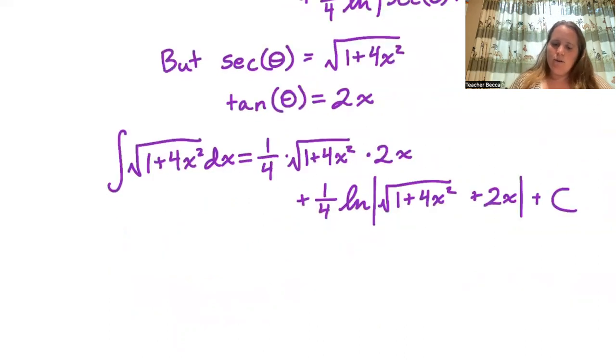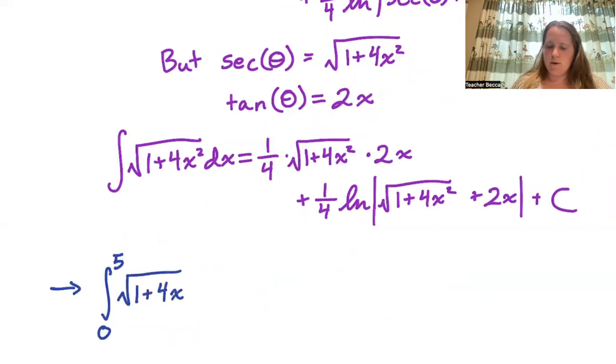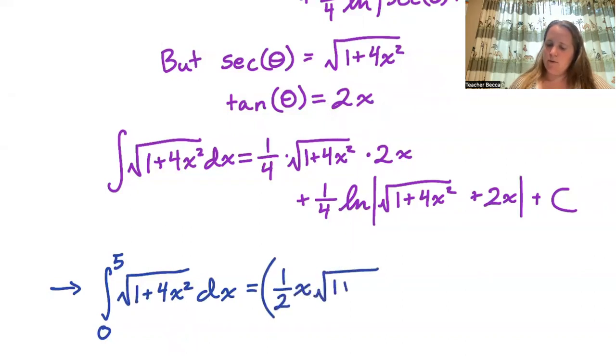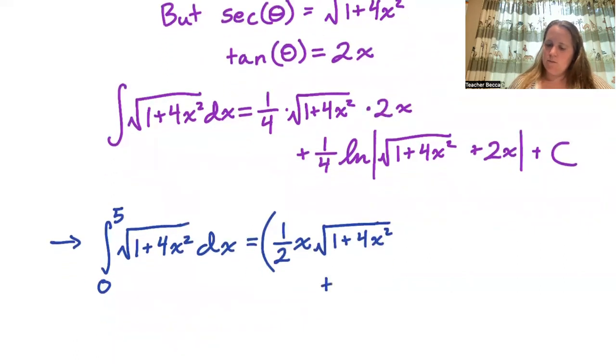So we have, therefore, that our definite integral from 0 to 5 of the square root of 1 plus 4x squared dx is equal to, we have 1/4 times 2x would be 1/2 times x times the square root of 1 plus 4x squared plus 1/4 times the natural log of the absolute value of the square root of 1 plus 4x squared plus 2x.